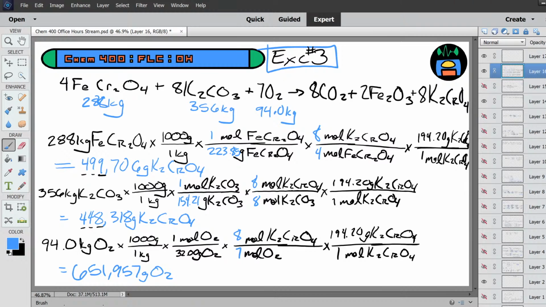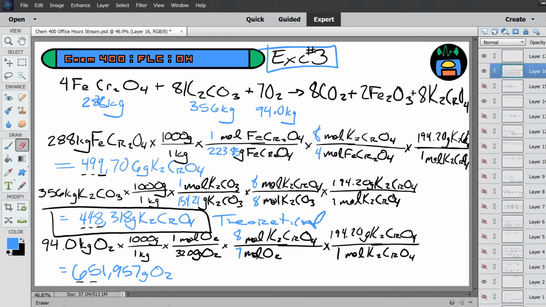So our limiting reactant then, that would have 3 sig figs. Our limiting reactant is potassium chromate. This is our theoretical yield. All right, that is our theoretical yield.